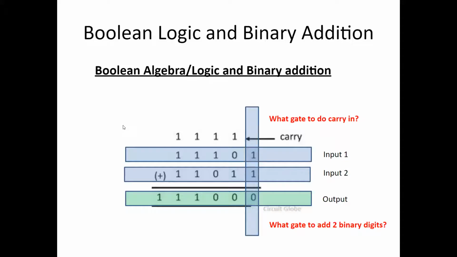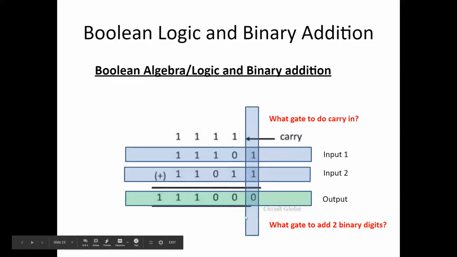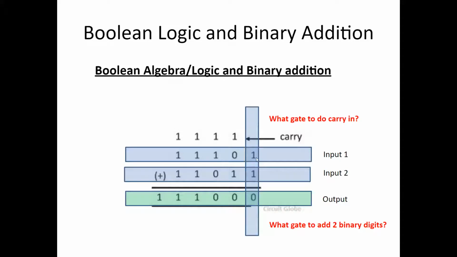Okay, so Boolean logic and binary addition. Binary addition is not very intuitive. Here's a pretty simple example. We saw this earlier in the presentation. So in which gate would we carry over this one? Can anybody answer that?